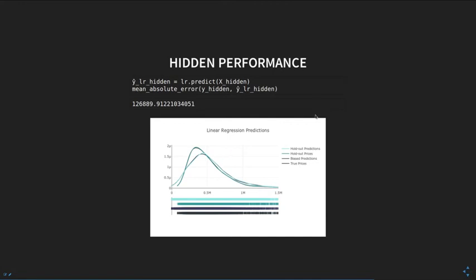But as you can see here, if we look at the density over the predictions, so this indicates that some predicted value is more apparent within this range of values than it is here, we can see that the true prices, which are to the left here, and then the darker line are the holdout prices, those follow the exact same distribution, right? Which they should, because they're from the same data, so they don't vary that much. As you can see, our predicted prices, so I wrote here biased predictions, because you can sort of see that this is a strong bias towards a lower density of values, so it's more spread out, so to say.